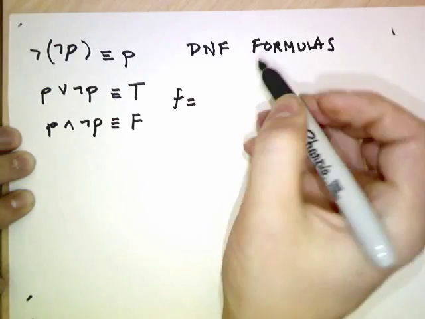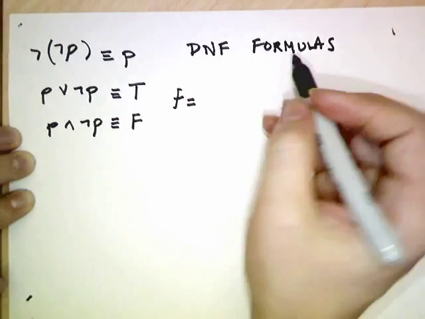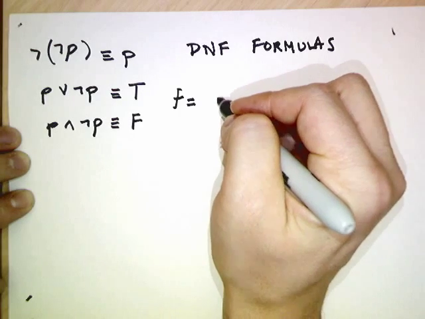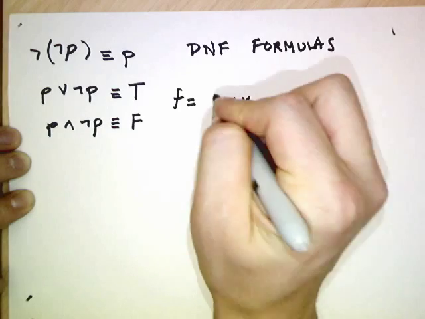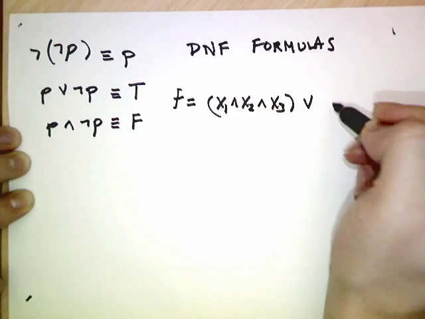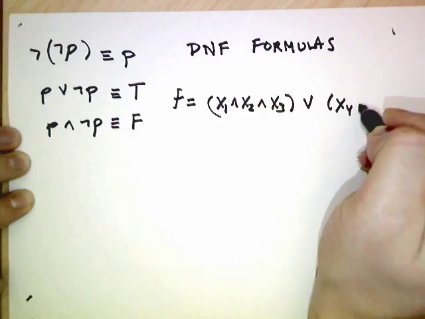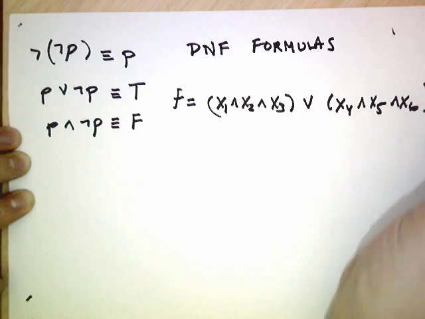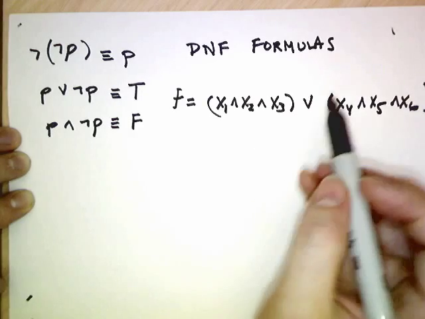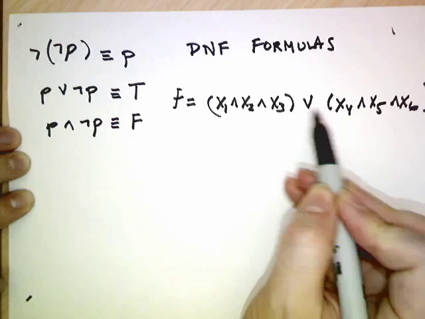Well, it's anything that's written as an OR of ANDs. So if we have x1 and x2 and x3, or x4 and x5 and x6, this is a DNF formula because it's an OR of two ANDs.